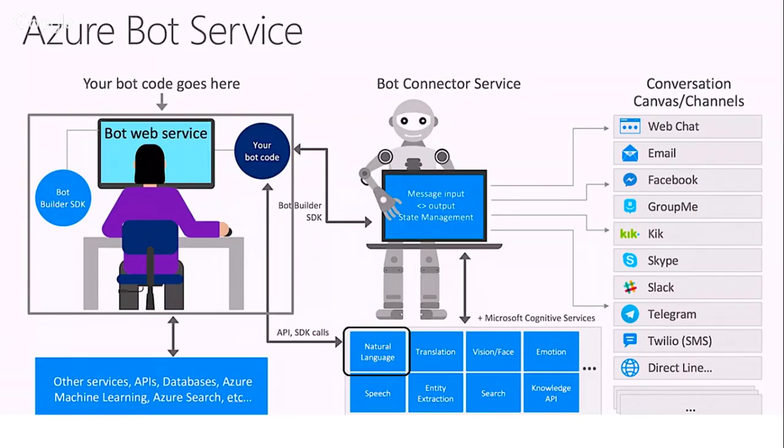So v3 was full .NET Framework, meaning the bot had to run on Windows. Now it's .NET Standard based, meaning you can write a bot for .NET Core as well as full .NET. When you're writing a bot with .NET Core, you can run it on Linux as well.